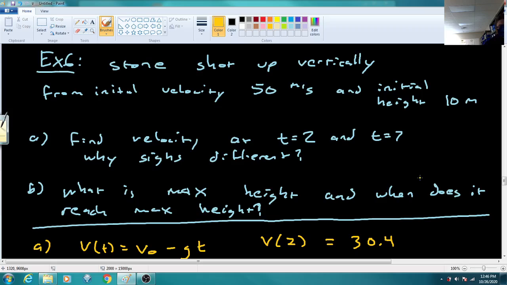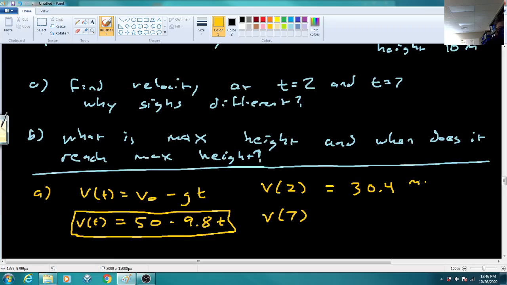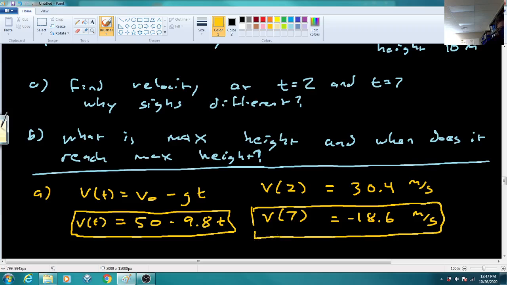I believe this is meters per second. And then 50 minus 9.8 times 7 is negative 18.6 meters per second.